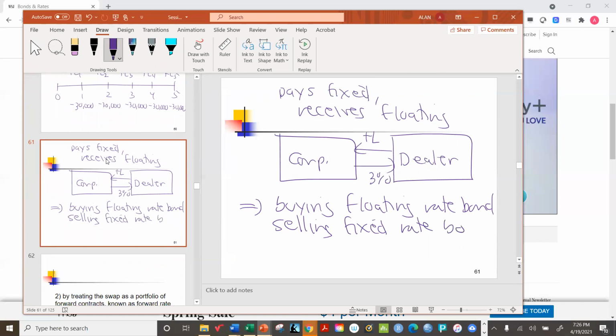So from my perspective, the corporation who's entered into a swap to pay fixed and receive floating, it would be the same exact thing as if I had bought a floating rate bond with a LIBOR coupon and sold a fixed rate bond with a 3% coupon. So therefore, the value of the swap must equal the value of this portfolio.